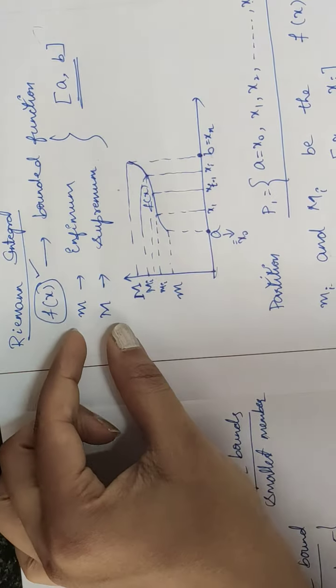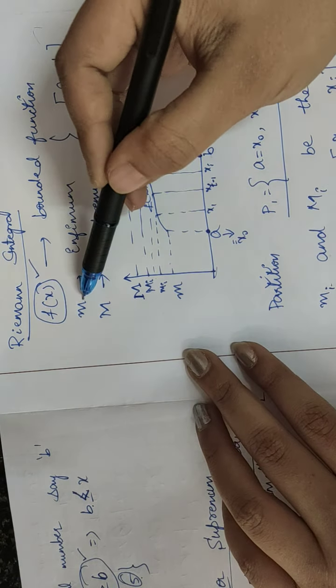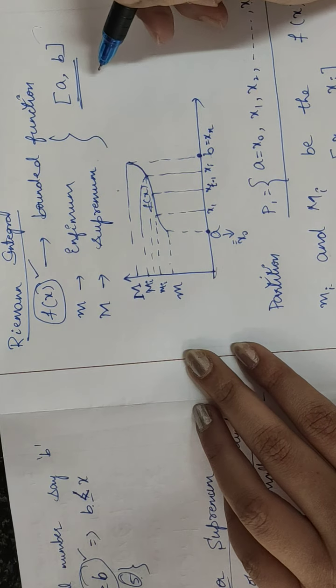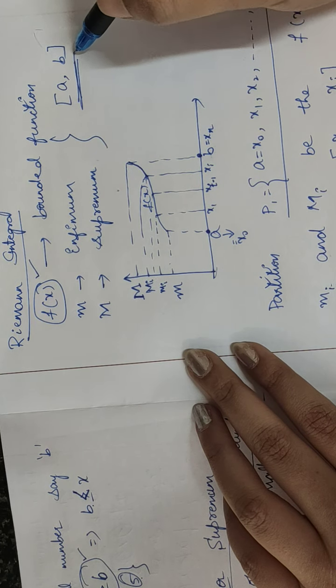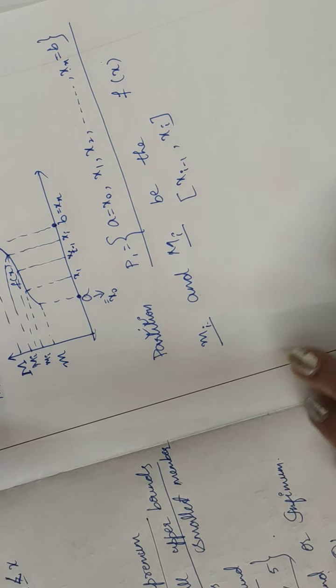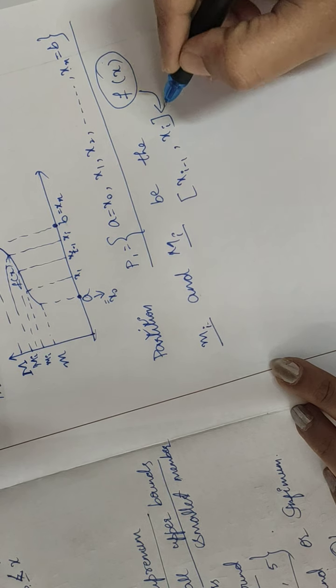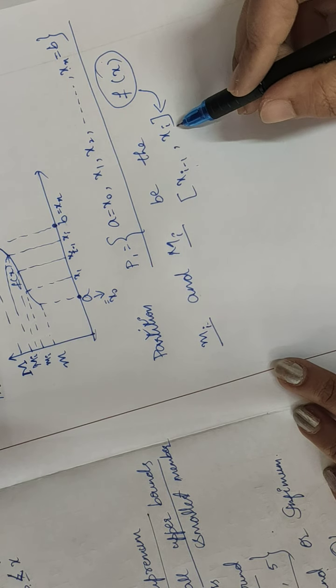Don't get confused between these and the earlier ones, because those two are the infimum and supremum in the closed interval a comma b, whereas mi and capital Mi are the infimum and supremum of the function f of x in the interval xi minus 1 comma xi.